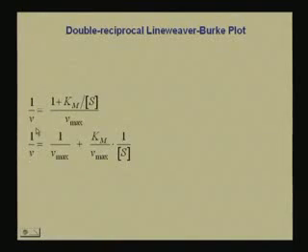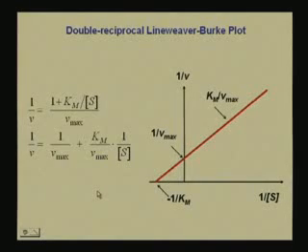So, what do we have? We have 1 by V equals 1 by Vmax plus Km by Vmax times 1 by S. What am I plotting? 1 by V on the y-axis, 1 by S on the x-axis, and I get 1 by Vmax as the intercept. My slope is Km by Vmax.